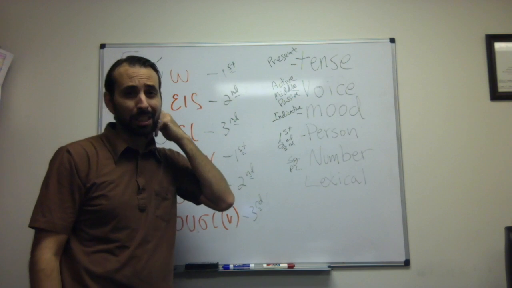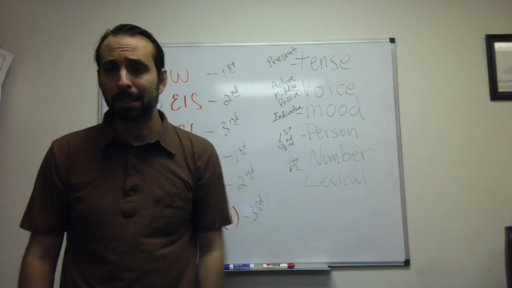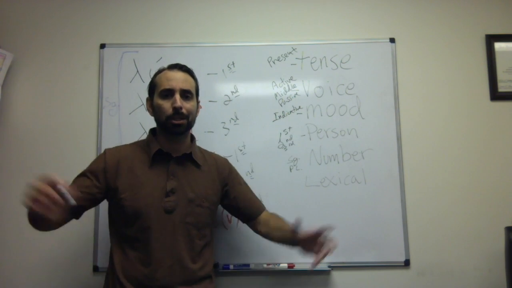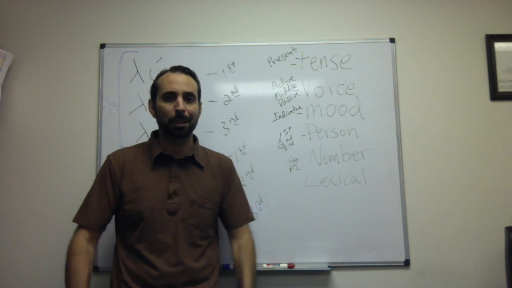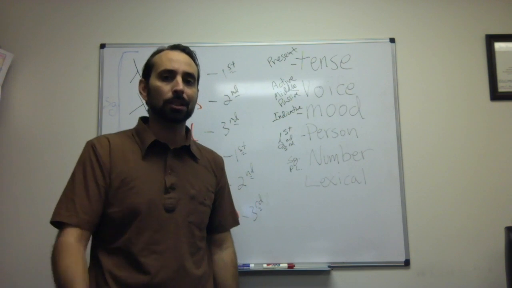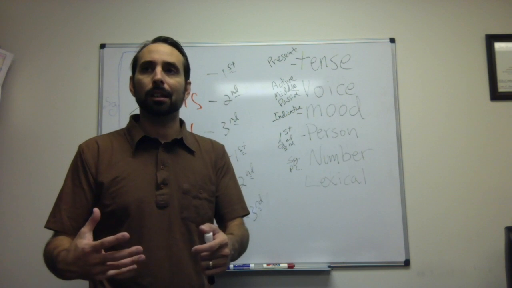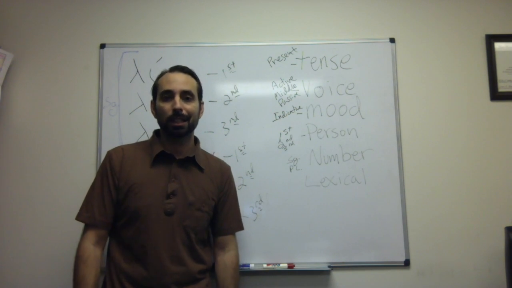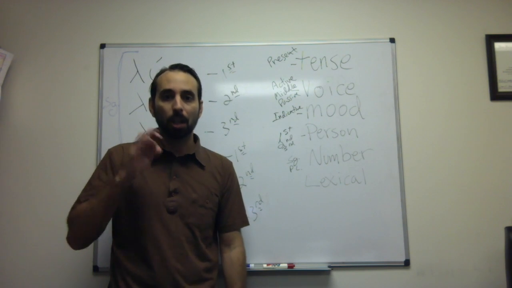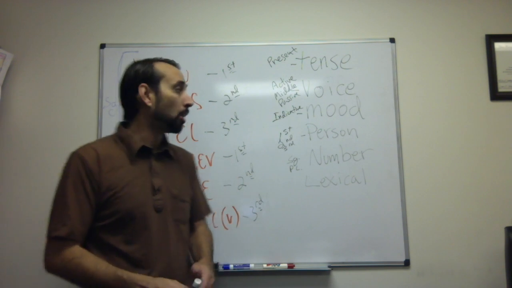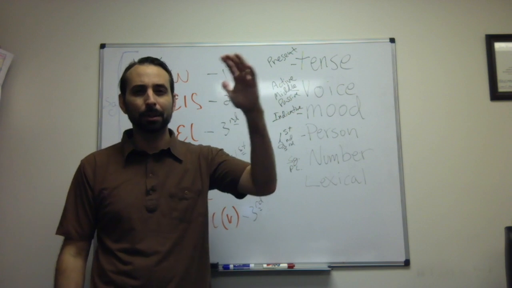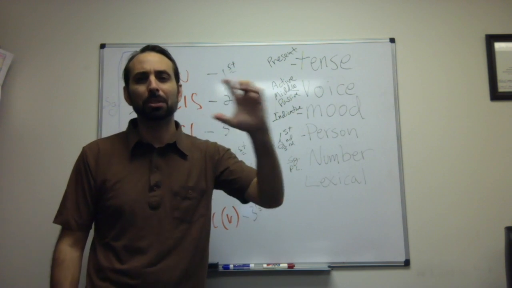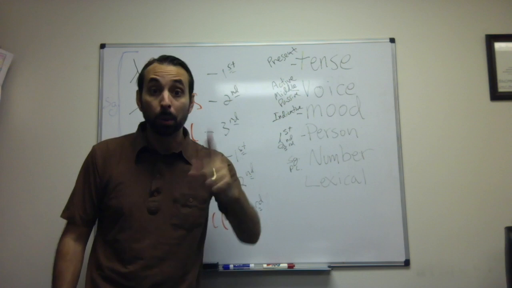So we do this in English all the time. I'm in Tampa, and so we'll be watching the Bucks, or whatever your favorite team is. Let's say you came to me and said, "Do you think the Bucks are going to win this Sunday?" And I said, "The Bucks are going to win this Sunday." We call that indicative. It has a high degree of probability, almost certainty. They will win this Sunday.